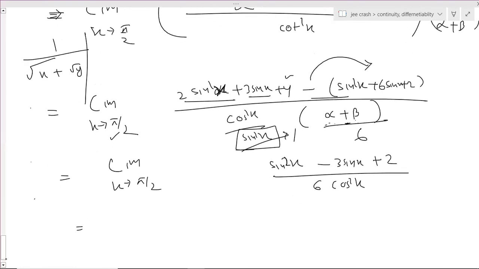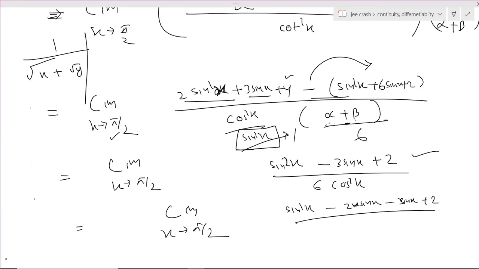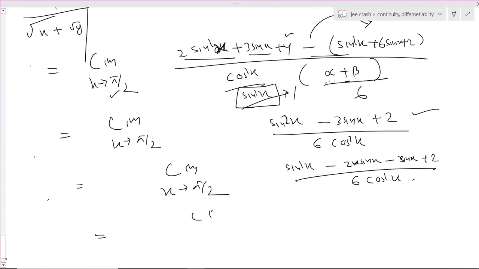Now what we can do, we can use factorization. All right. So this is sine square x minus 2 sine x minus sine x plus 2, whole divided by 6 cos square x, limit x tending to pi by 2.